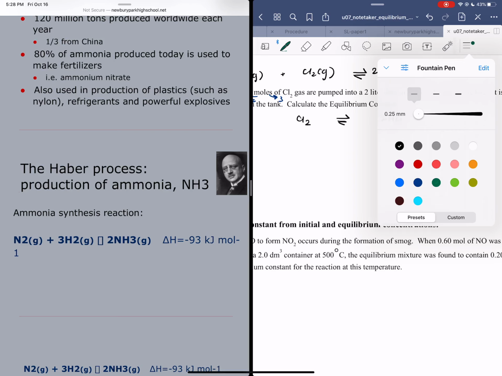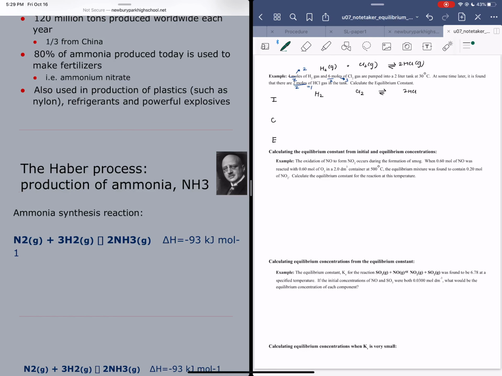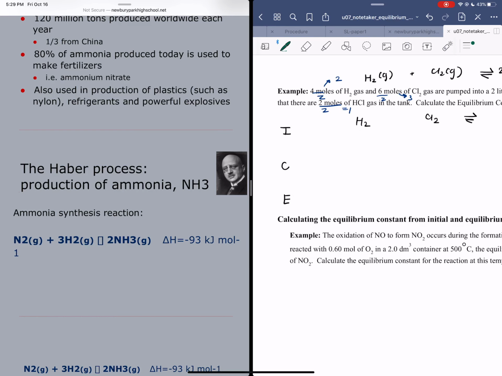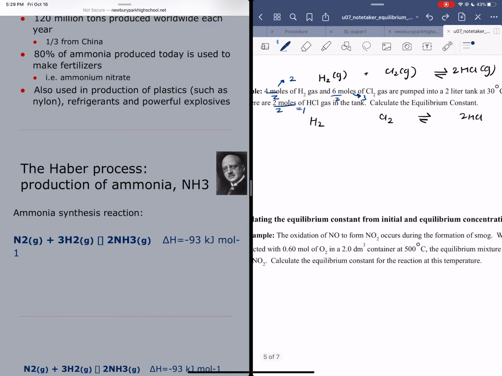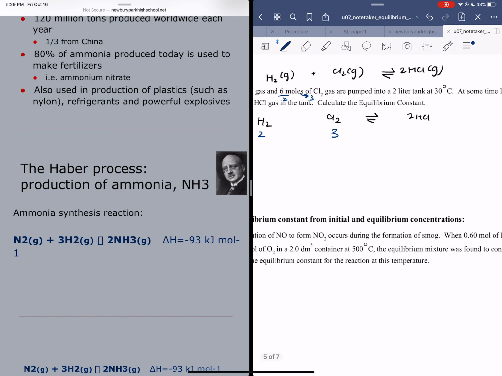So initially, we have H2 equal to 2, because that's the molar concentration that we calculated. Cl2 is 3, and the question doesn't specify how much HCl there is, so there's 0.